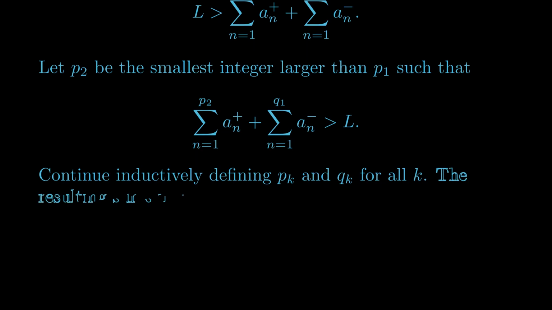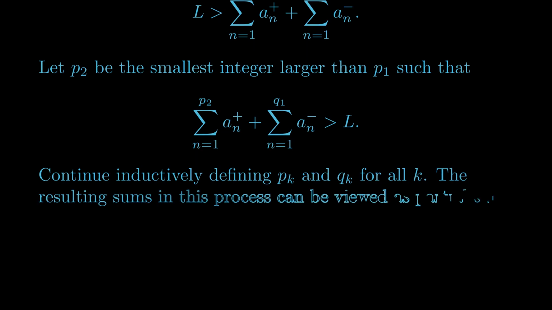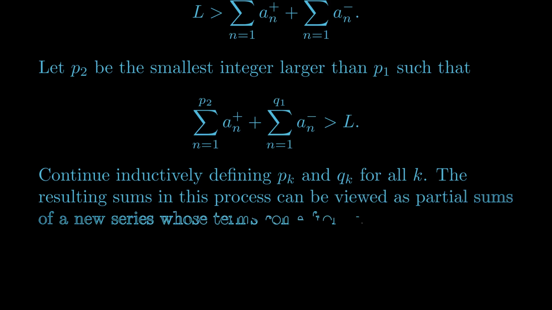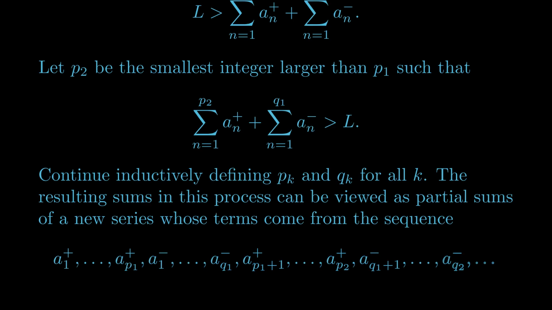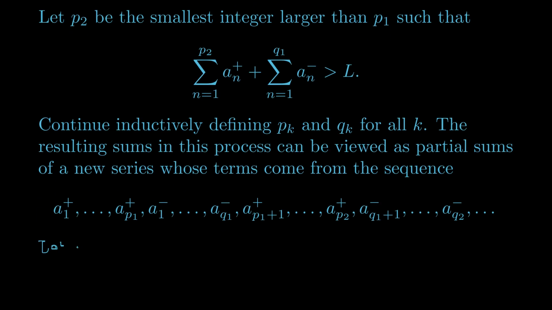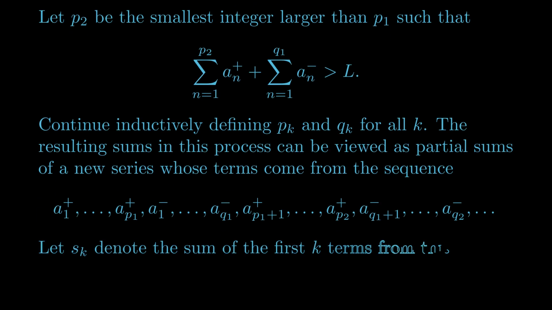And we can view the resulting sums in this process as partial sums of a new series whose terms come from the sequence a_1 plus up through a_p1 plus, and then a_1 minus up through a_q1 minus, and then a_(p1+1) plus up through a_p2 plus, and then a_(q1+1) minus up through a_q2 minus, etc. Let's let S_k denote the sum of the first k terms from this sequence.